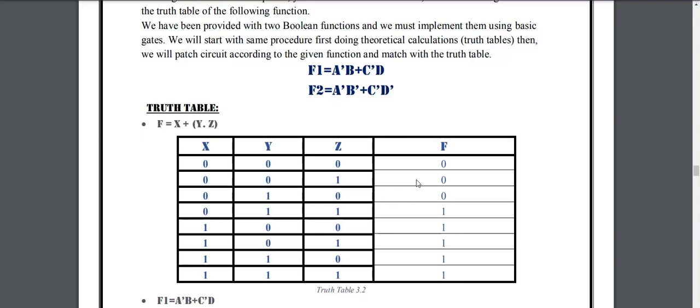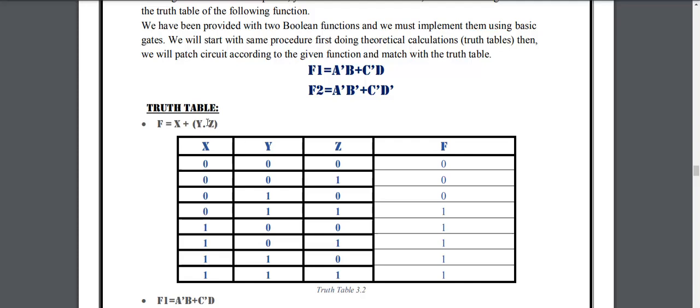Now these are some of the other Boolean functions for which we have to build a circuit and verify their truth table. The first Boolean function is x plus y into z. Now for this function to be 1, either x has to be 1 or this whole part y into z has to be 1.